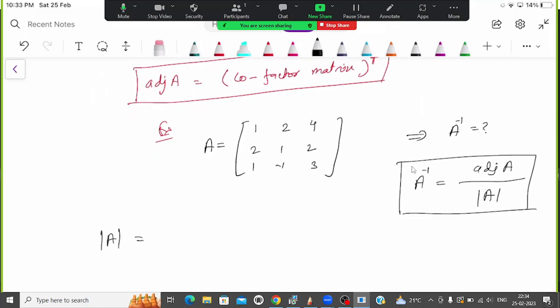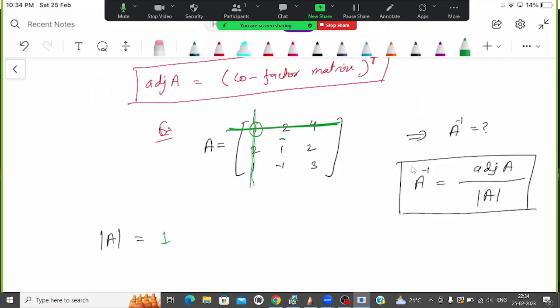So how do you calculate the determinant of A? You write the first element here and hide this row and this column and write the remaining elements.